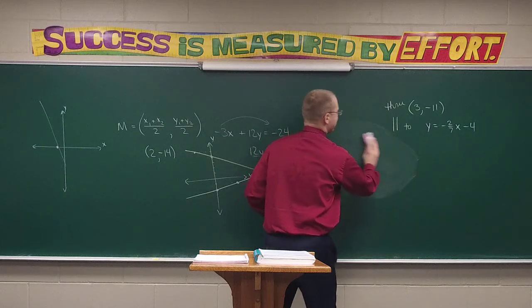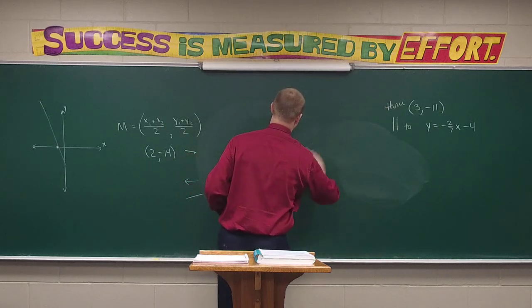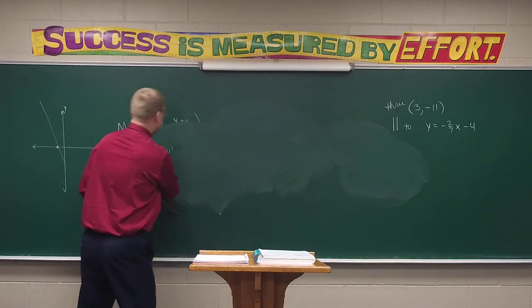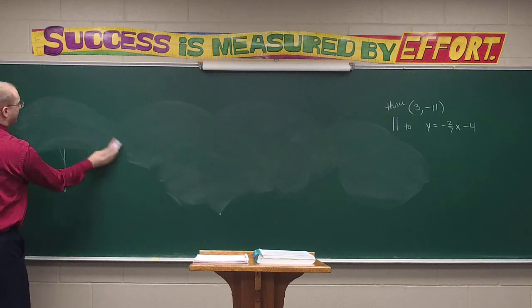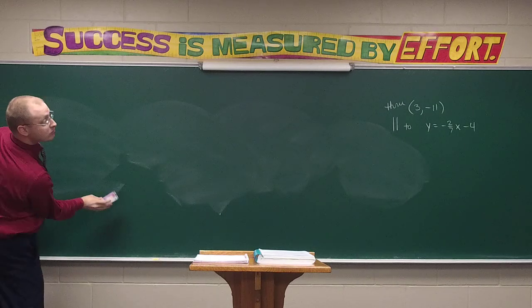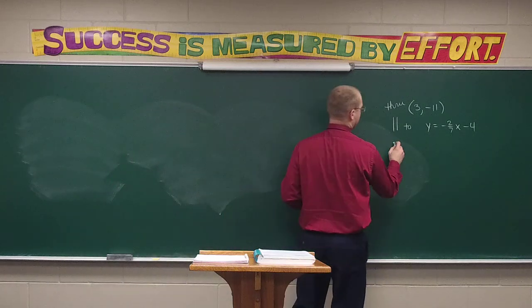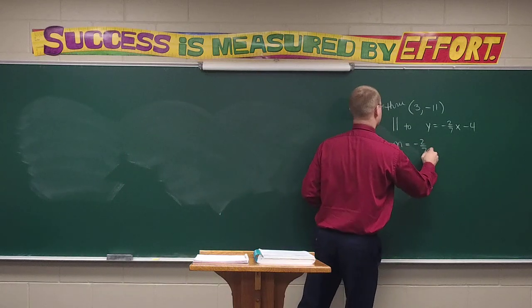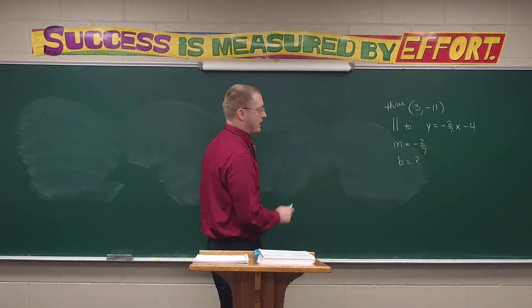What 2 things do I need to know to find the equation of a line? When it says parallel, so if the line they give me is y equals -2/7 x minus 4, I already know my slope. I know my slope is -2/7. What I don't know is the y-intercept, right? How do I find the y-intercept?